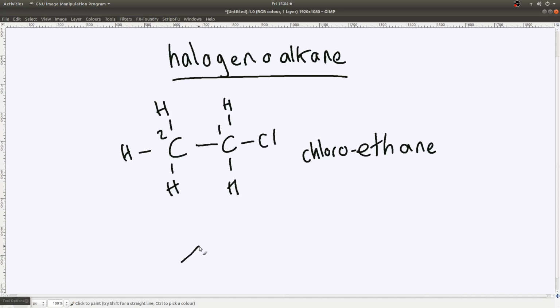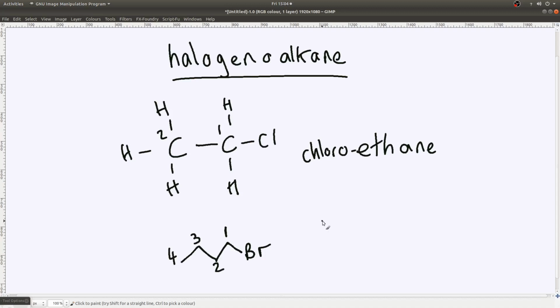Let's have a look at another example. Let's have a look at this molecule. What are we going to call this one? Again, first thing, how many carbons have we got in the chain? Let's start numbering from the carbon that the bromine is attached to, which is that one. That's 1, 2, 3, 4.